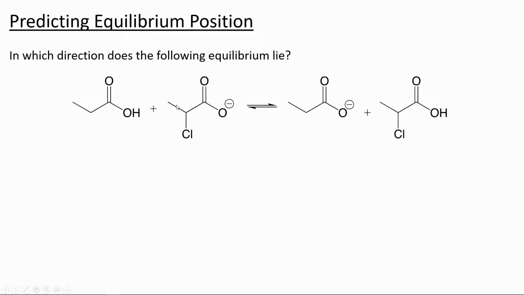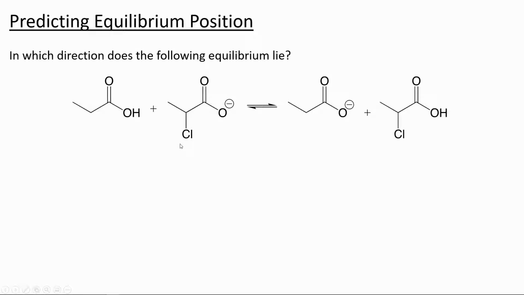So we have one carboxylic acid here on the left, and we have another carboxylic acid here on the right. Without the pKa values, if we wanted to figure out which direction the equilibrium lies, instead of the acids, we could look at the bases, the conjugate bases.